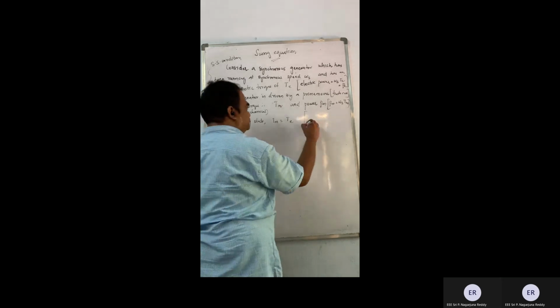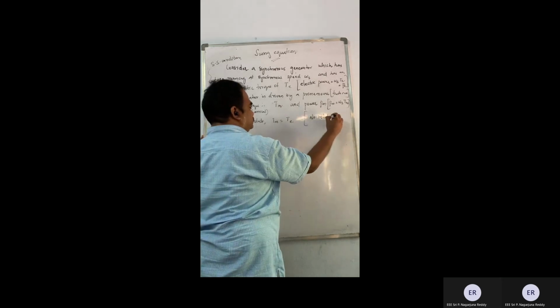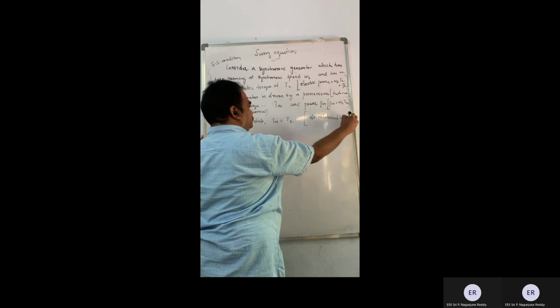Now, under steady state, what will be there? Under steady state, Tm will be equal to Te, isn't it? So under normal conditions, assuming that there are no rotational losses, your electromagnetic torque will be equal to your input torque.